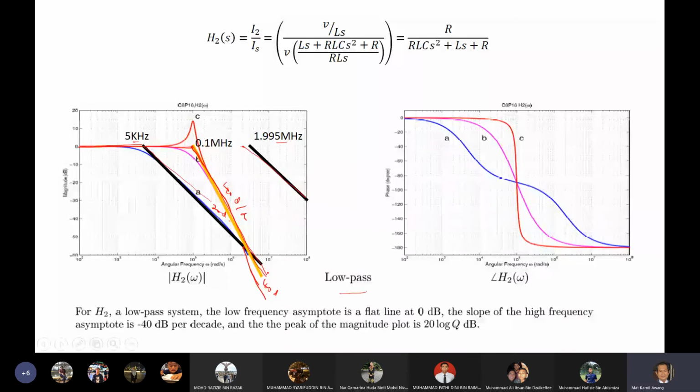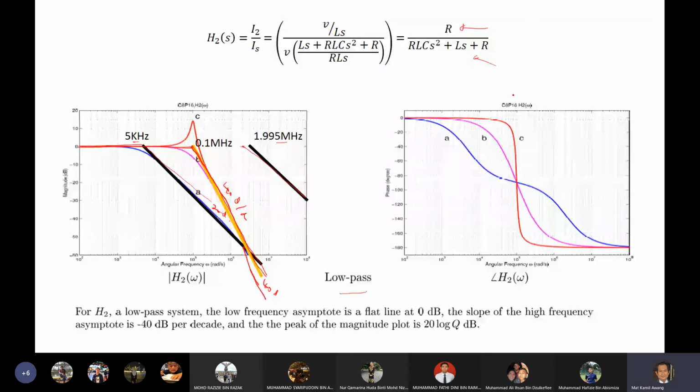So in terms of Bode plot, for the B and C it is the same. Only when you do the actual one, then you have the peak here because of the damping factor, right? So you should be able to draw the Bode plot by recognizing whether you have zeros or not and how many poles you have.